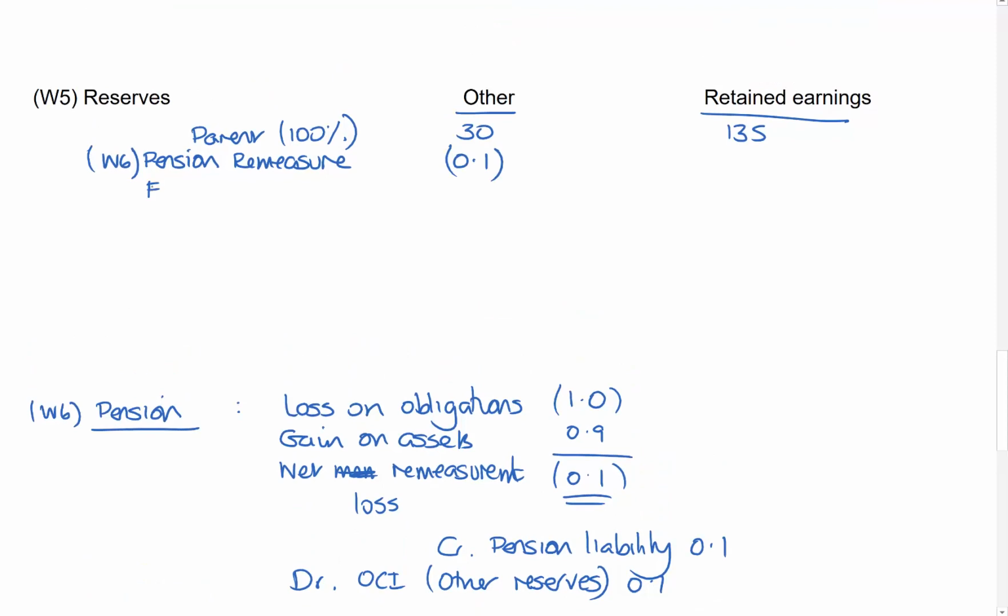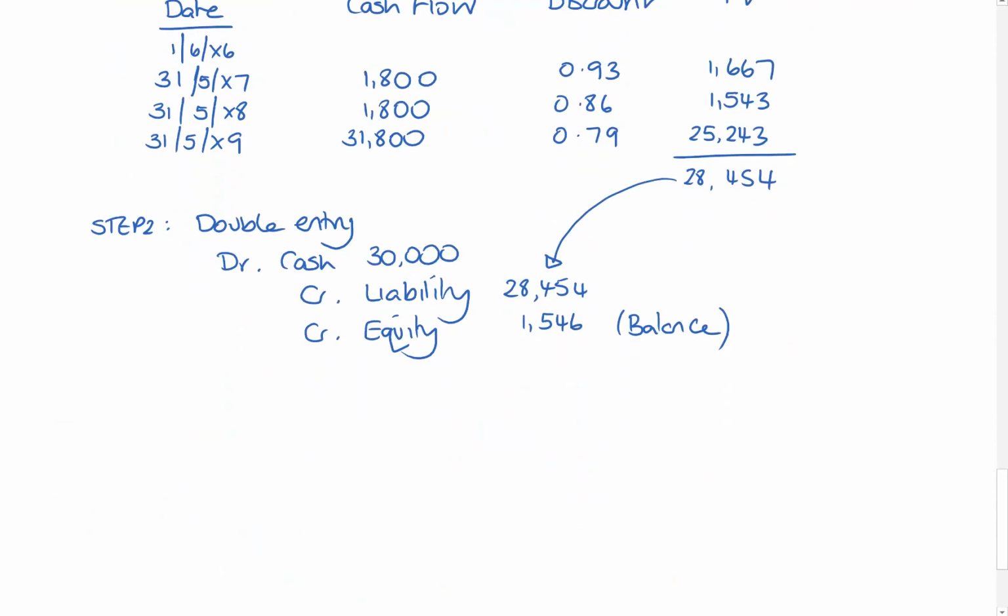So financial instrument $1.546. But remember I said to you that dates are very important. Here I'm turning into an accounting nerd.